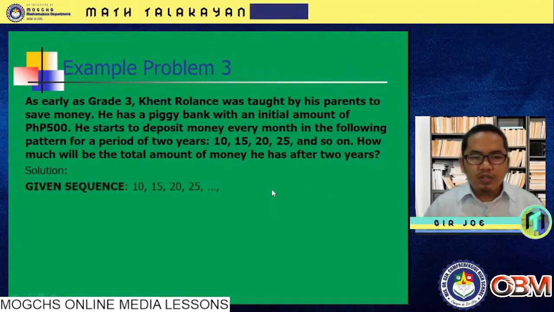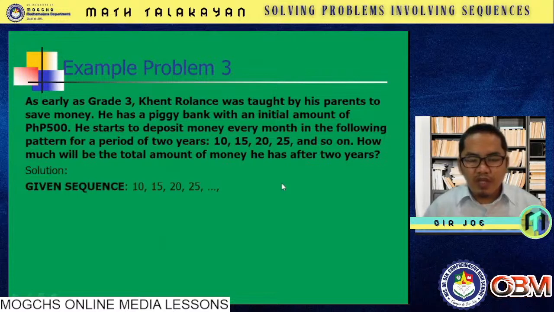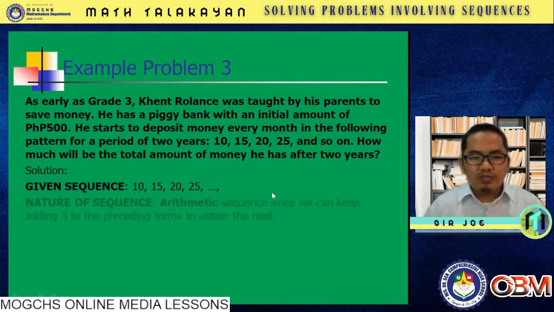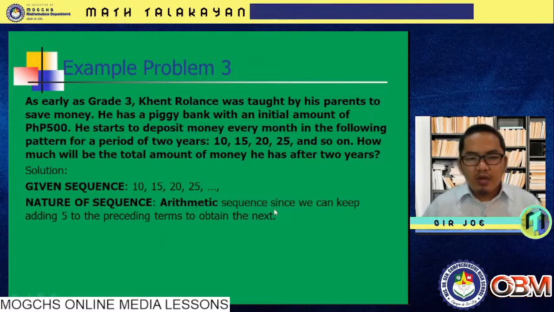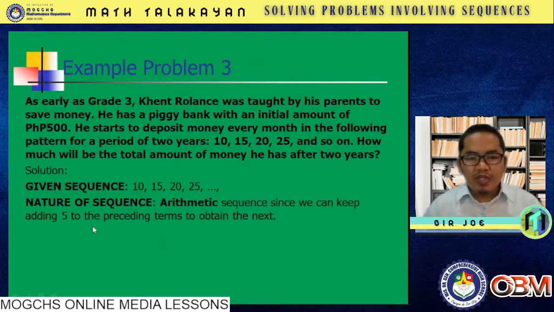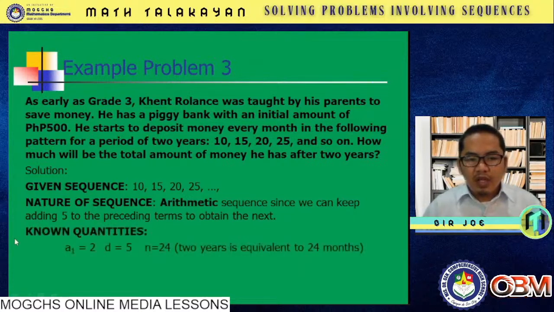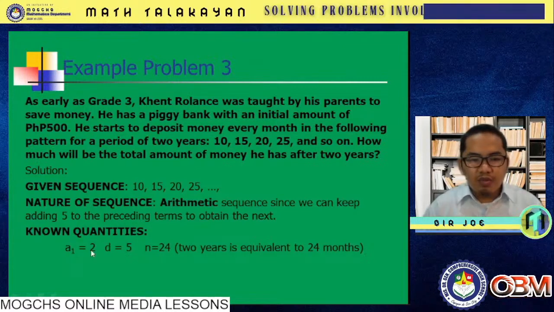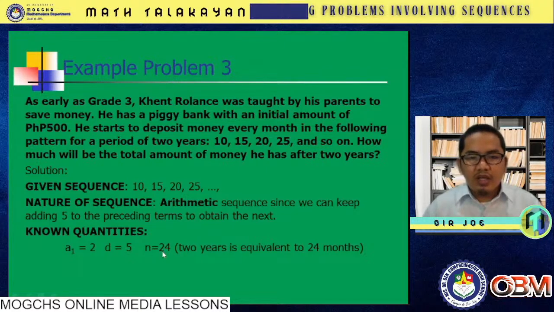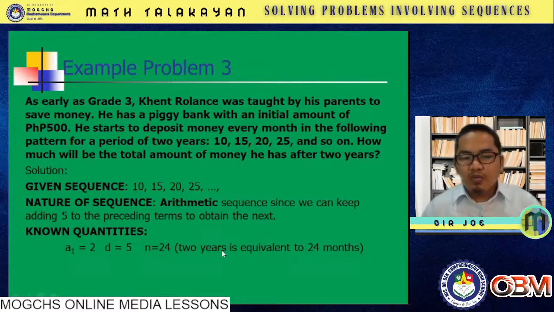So for our solution, this is our given sequence: 10, 15, 20, 25, and so on. This is an arithmetic sequence since we can keep adding 5 to the preceding term to obtain the next. And our known quantities are: the first term is 10, common difference is 5, and our n is 24, since 2 years is equivalent to 24 months.